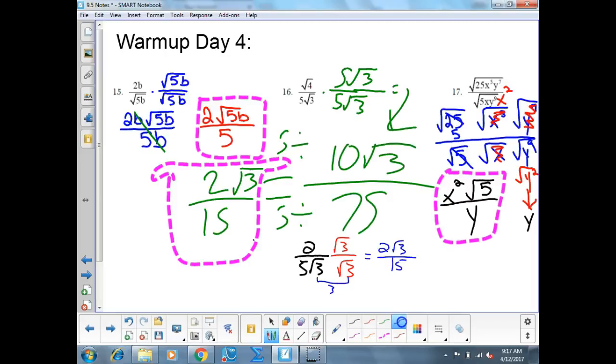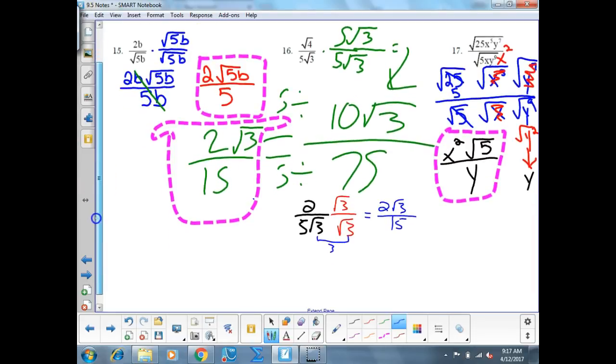Over here on 17, I'm going to have to scroll down just a little bit. If I'm looking at the original fraction, let me just rewrite it. Square root of 25x to the 5th, y to the 7th, over the square root of 5x, y to the 9th. So 25 divided by 5 is 5, so that's where we got the square root of 5 on top.